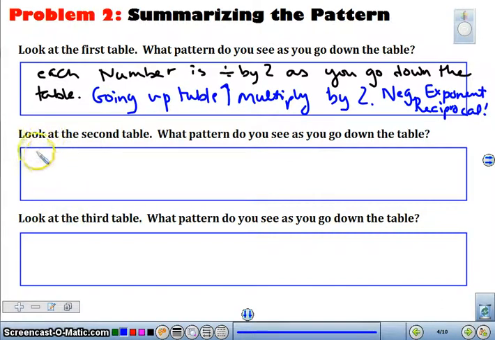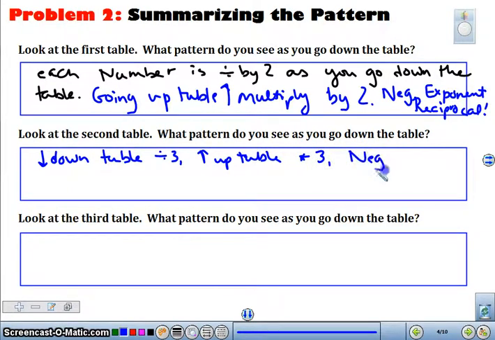If we look at the second table, what would we say as we go down the table? We are dividing by 3. If we go up the table, we are multiplying by 3. The negative exponents are reciprocals.